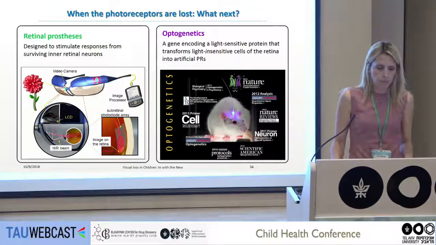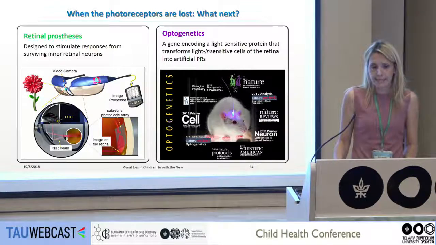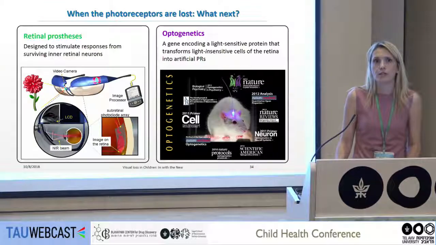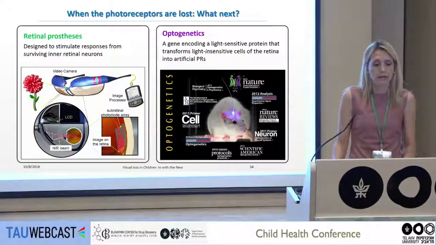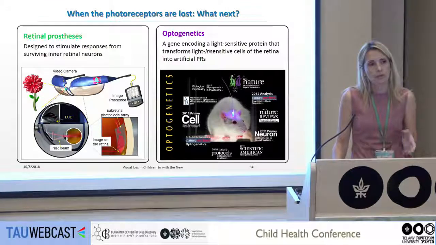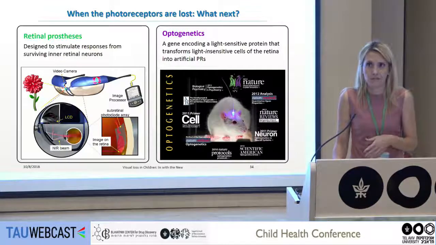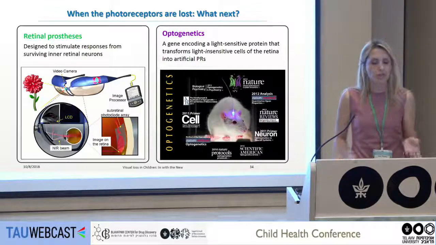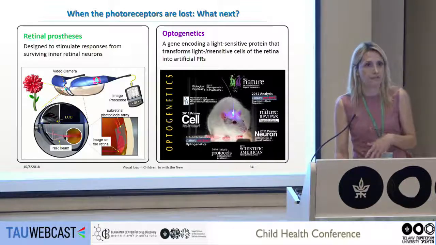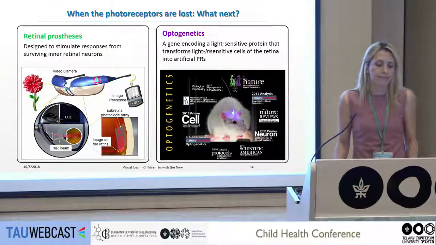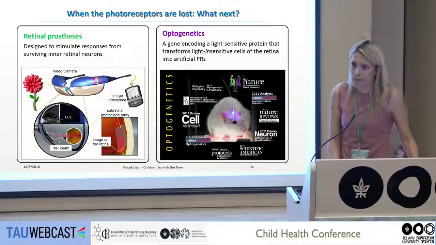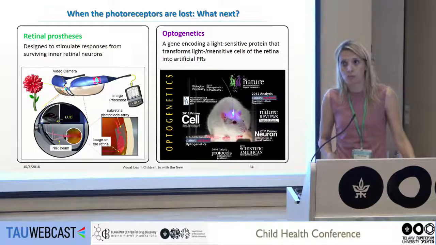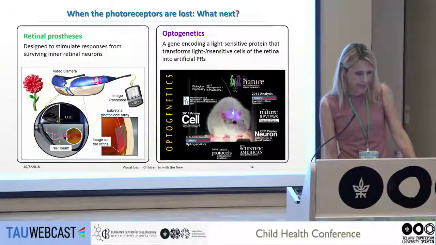Such experimental approaches include retinal prosthesis or optogenetics, which is a method to genetically introduce a light-sensitive protein into the light-insensitive cells of the retina, thus potentially transforming them into artificial photoreceptors. This method again showed success in preclinical studies and is being moved towards a clinical trial at present.